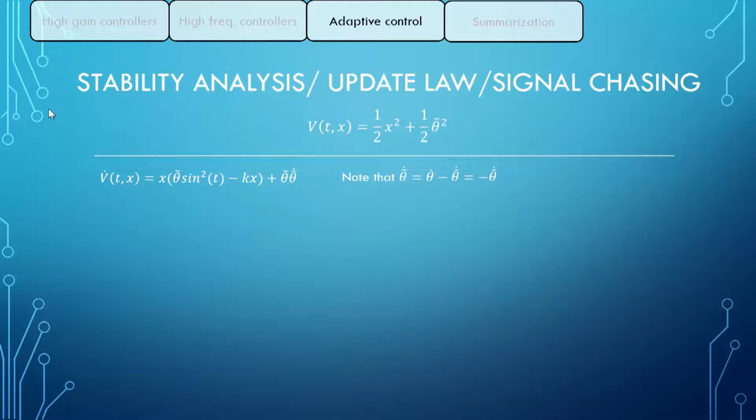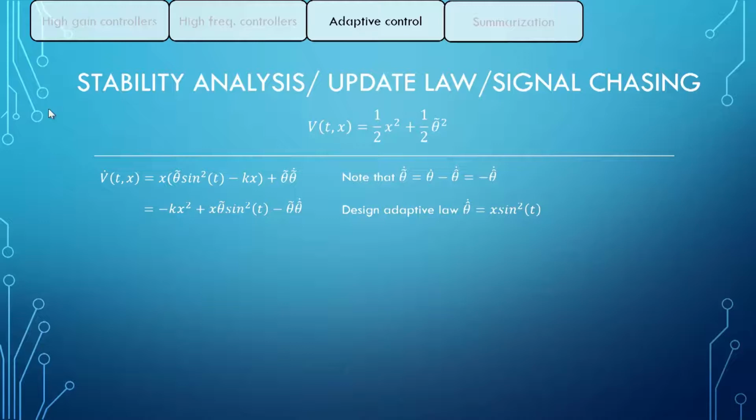And because theta is an unknown constant, its time derivative will be 0. So this term will be equal to minus theta hat dot. We need to design theta hat dot later. Let's just follow the analysis and see what's happening.